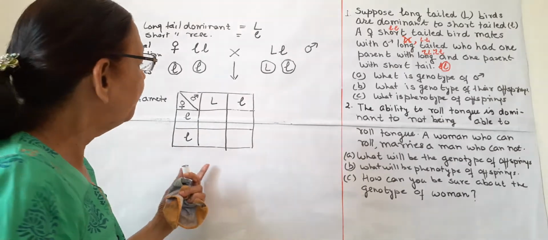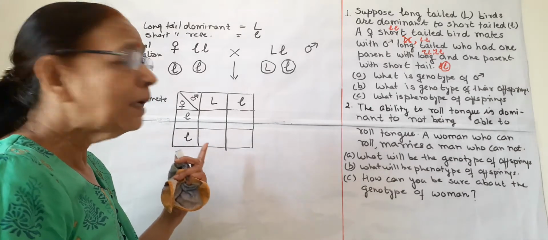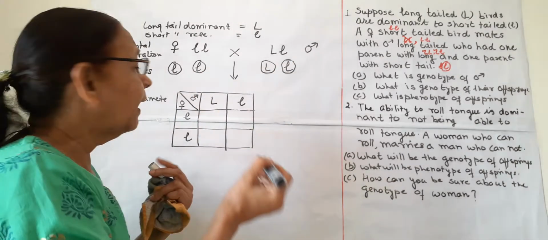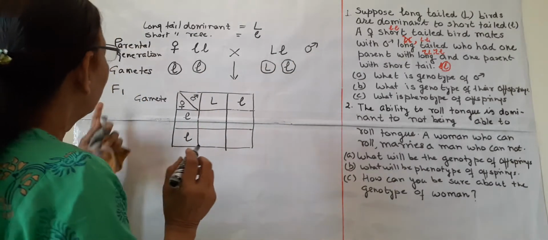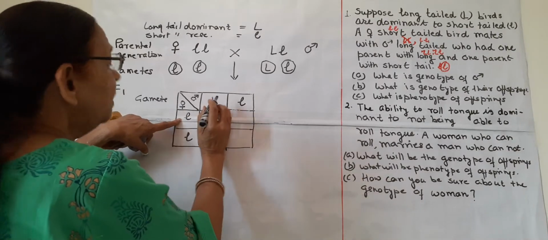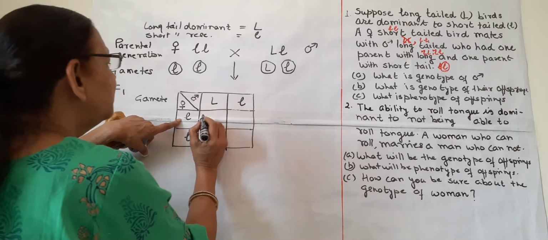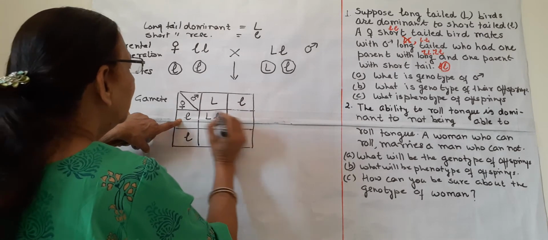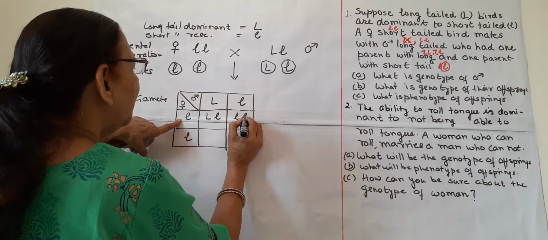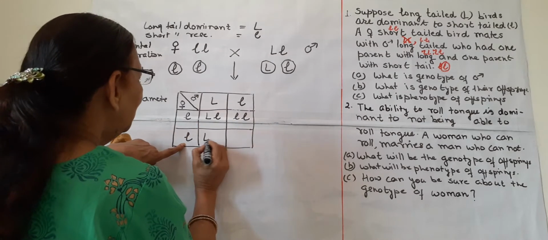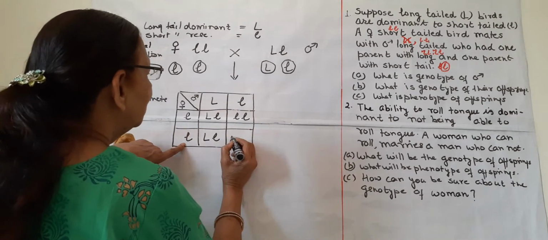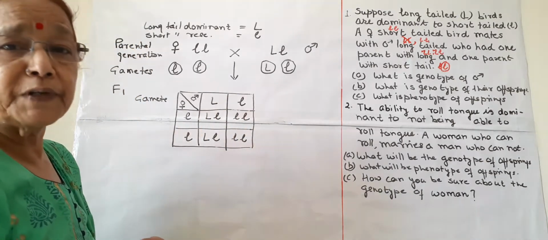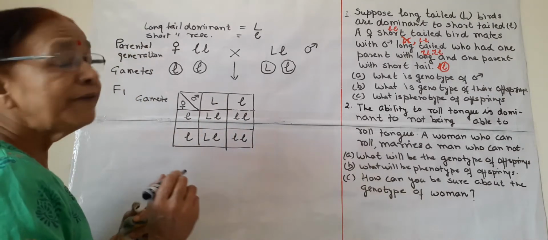So it is a neat way to form the Punnett square, or you can write like this also by doing arrows. So this will fuse with this, and this can fuse with this. So first we write capital L, then small l: here L with l, Ll, here L with l, Ll, here l with l, ll, here l with l, ll. So these are the four offsprings, or the F1 generation.